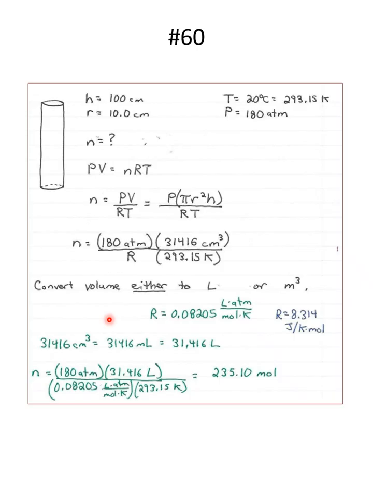So that's 31,416 milliliters, which then is 31.416 liters. So I'll plug that in, and I'll use the R value that makes it all work out well. So you see atmospheres, liters, and Kelvin. I'm using the R value of 0.08205, that is liters atmospheres per mole Kelvin, and it'll make all this turn into moles, so 235.10 moles.